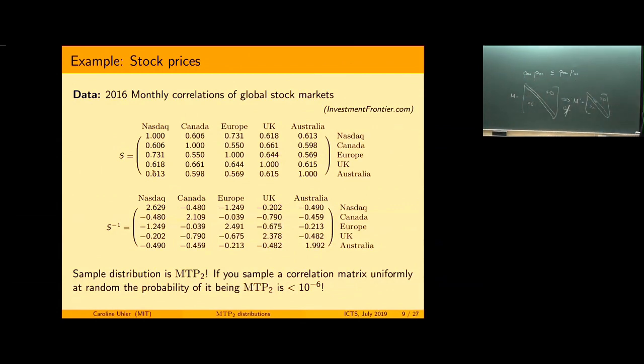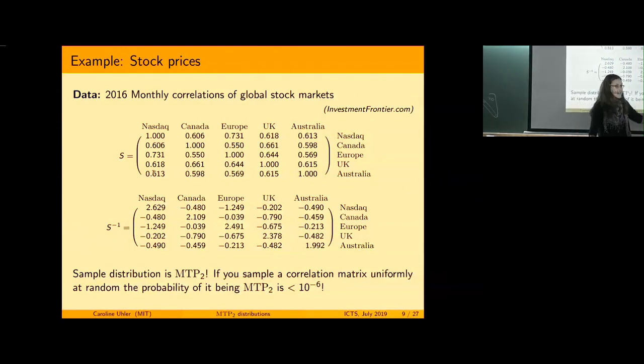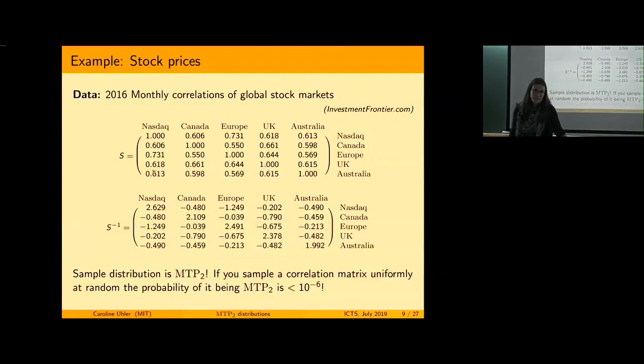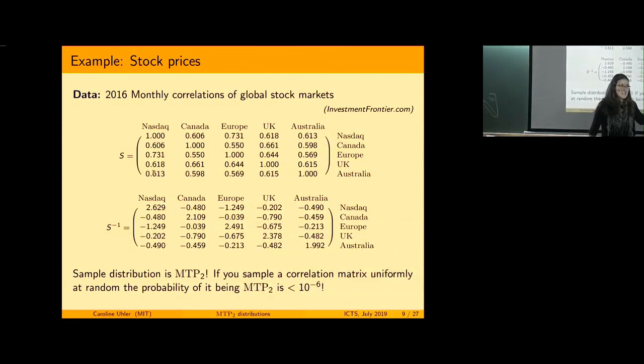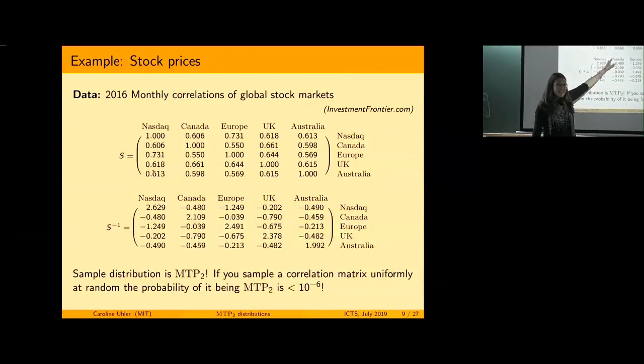Okay, so if I were just to sample uniformly correlation matrices of size, here, 5 by 5, then only less, and here I really don't know the volume, okay? So I just sampled 10 to the 6 many correlation matrices and none of them were MTP2. Okay, I don't know the exact volume of how many of them are actually MTP2, but it's certainly smaller than 10 to the 6.